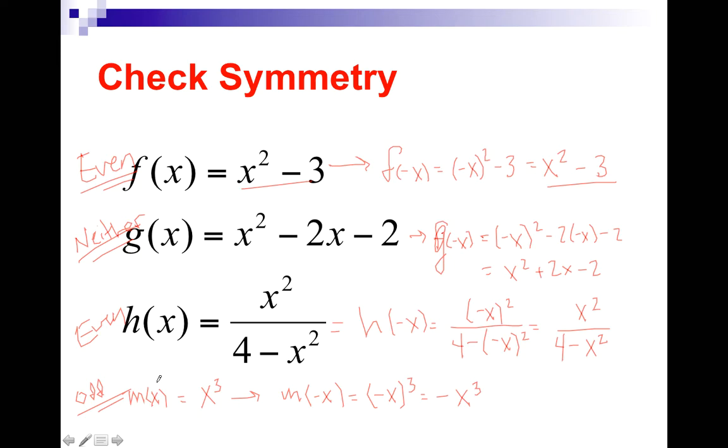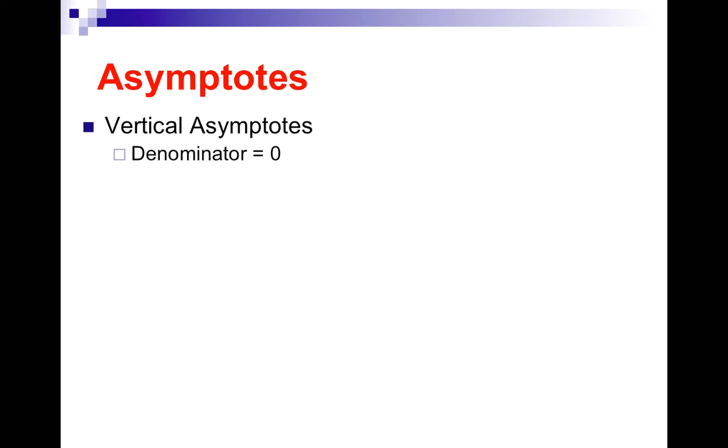Okay, moving right along, we're going to look at asymptotes. Asymptotes, especially vertical, are based really on our domain. Vertical asymptotes: whatever makes your denominator equal to 0 is your vertical asymptote.